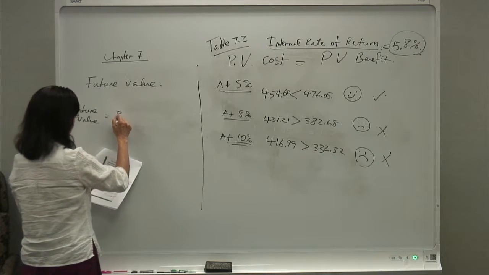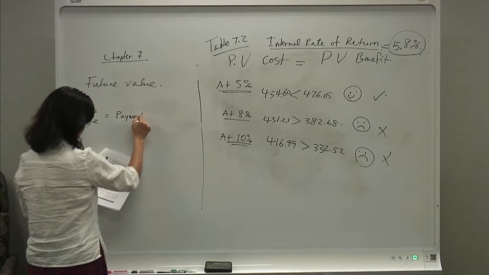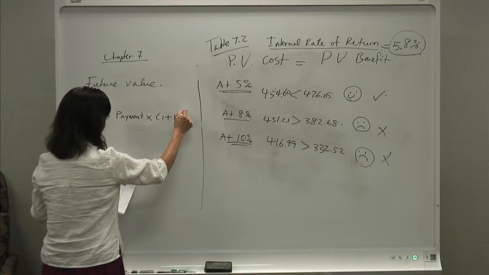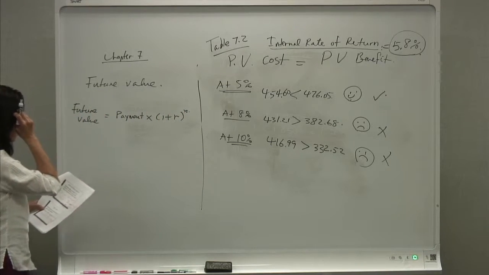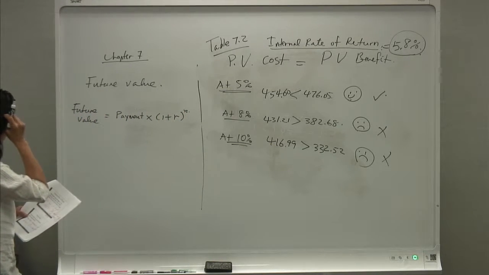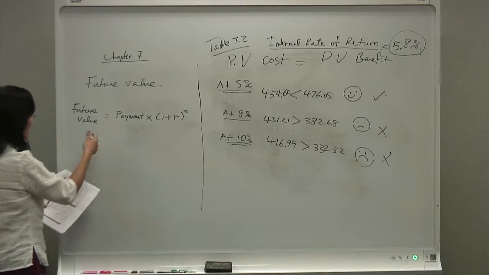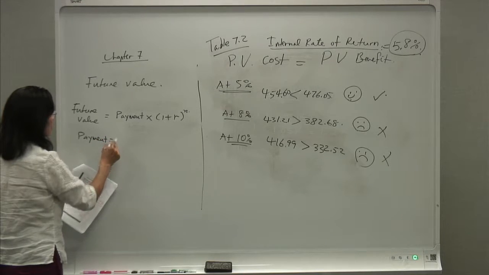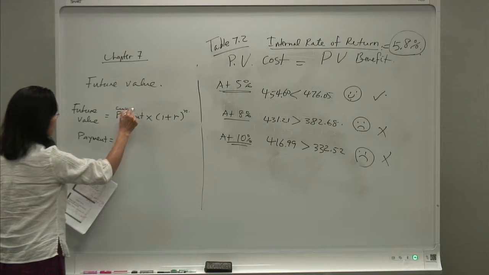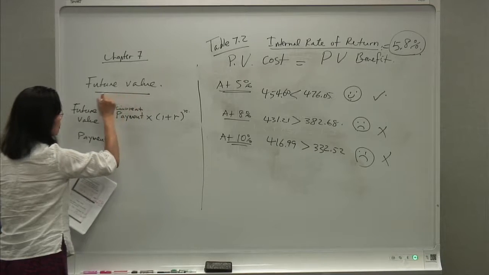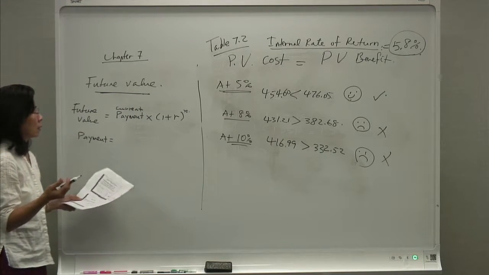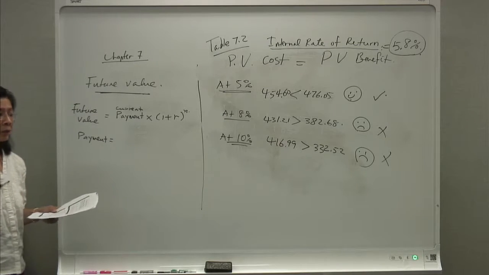This will be your payment times (1 plus R) raised to the power n. Really it's very similar, but it works backward because you could rewrite that equation to find your current payment now. If you want to do an investment, you want to find out, okay, 30 years later, how much is this going to be?